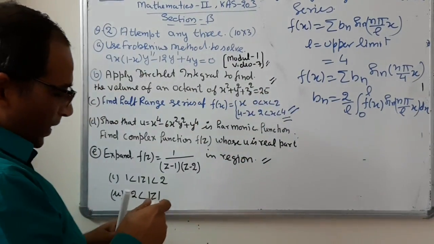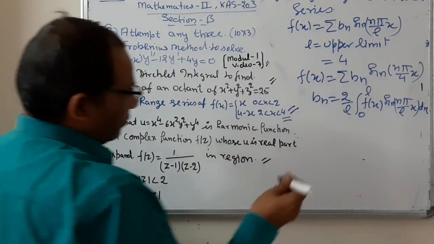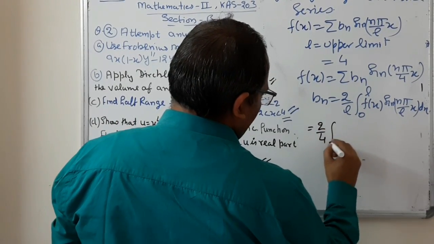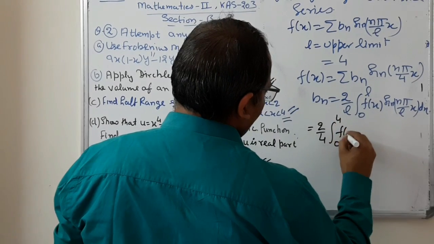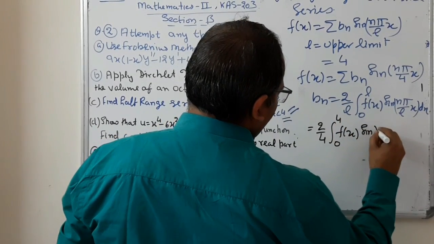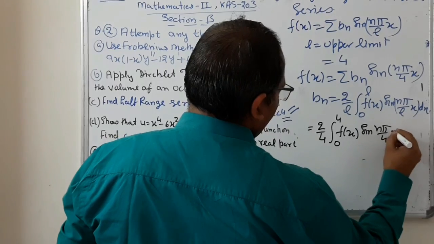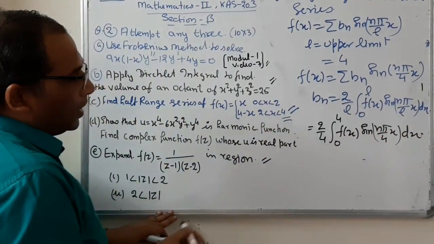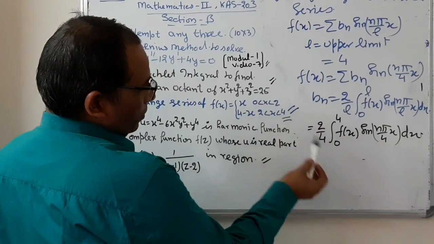This is the formula for b_n. Put the value of L here, we get 2 upon 4, integration 0 to 4, f(x) sine of n pi x upon 4 dx.